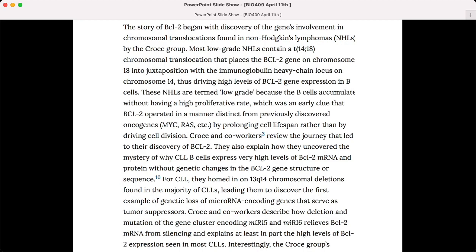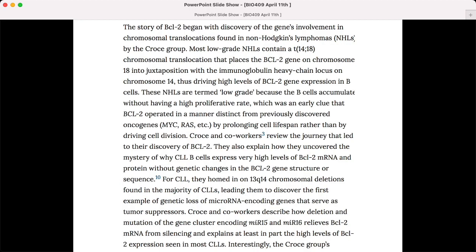And so that's a really satisfying example to fit into this normal regulatory pathway, to show how this pathway could get disrupted by mutations. We would consider Bcl2 to be sort of like a tumor suppressor, or to play a role like one.